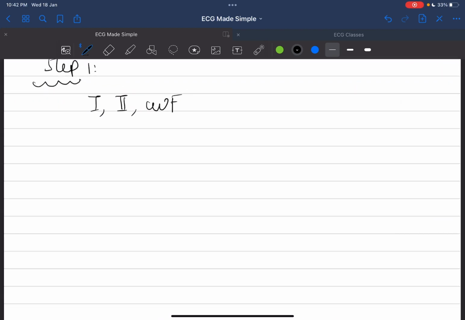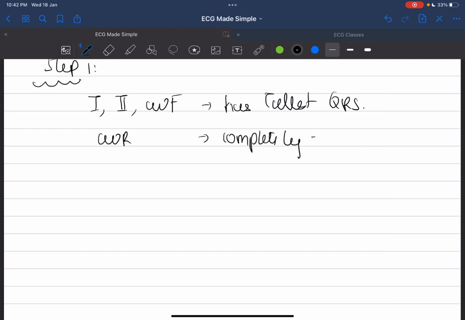If lead 1 or lead 2 or AVF has the tallest QRS complex, and if AVR is completely negative, this is the normal axis.